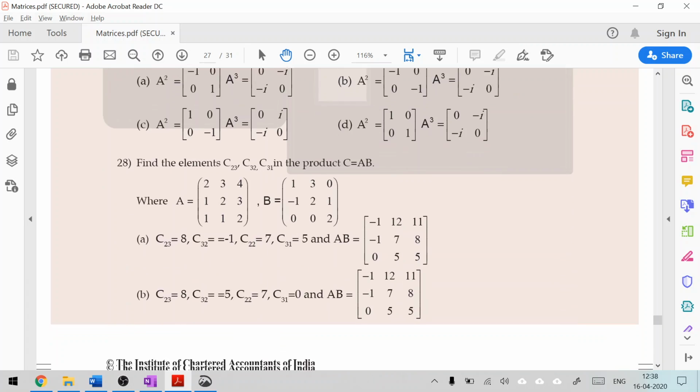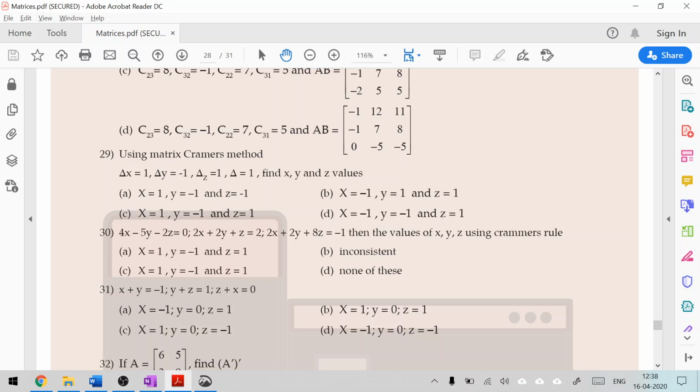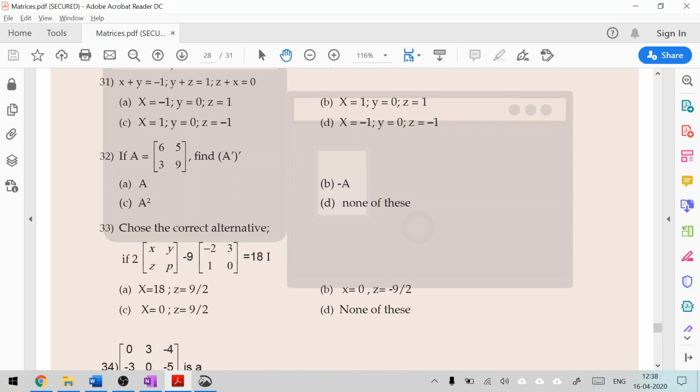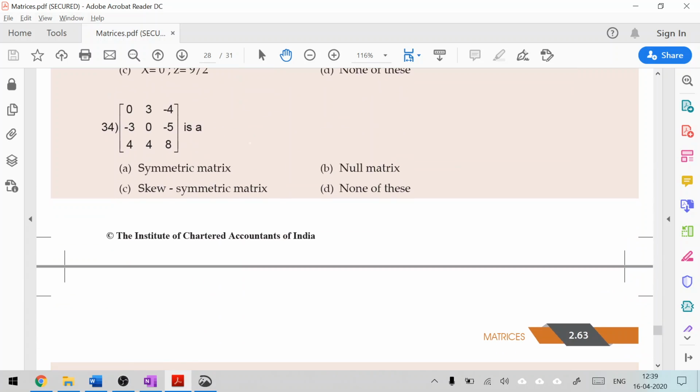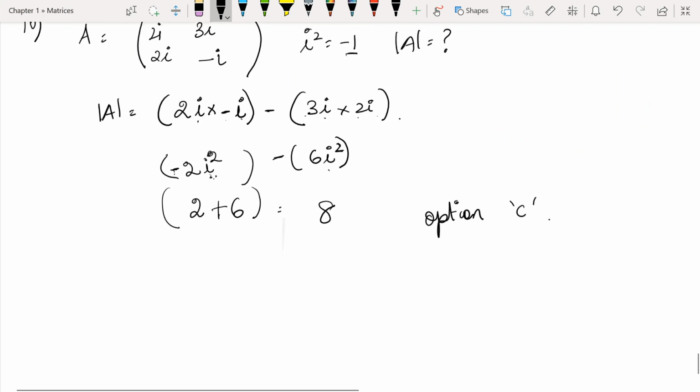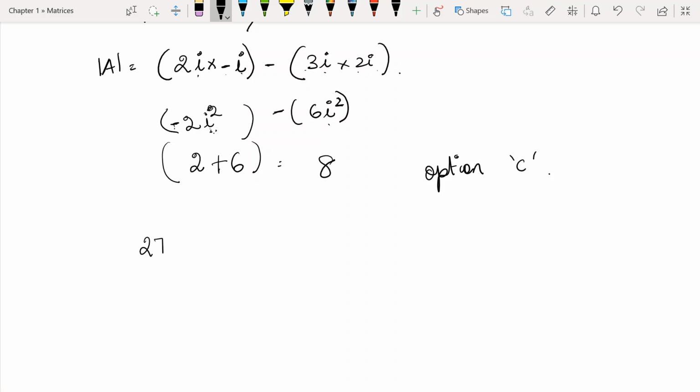Self practice. Question number 27 and 35 you will try. Question number 27 and 35 for your self practice.